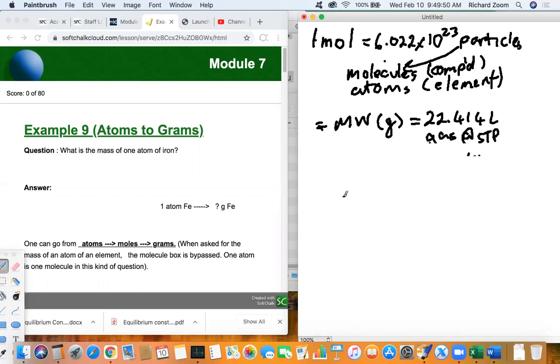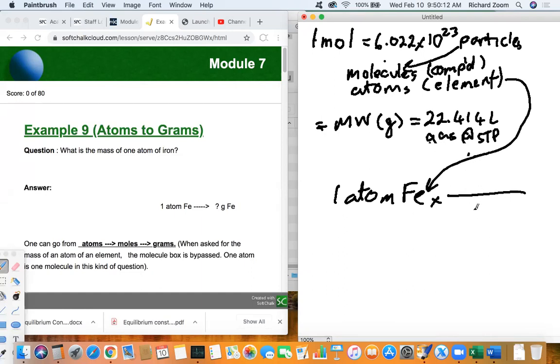So for this one, this is 1 atom of iron. That's pretty small, by the way, so you're expecting a small number as an answer. So we're talking about, if you remember, I said 6.022 times 10 to the 23 particles. Fe is an element. So atoms of Fe goes on the bottom here to cancel. And we're looking at grams. So grams of Fe goes on top. But we know that there's a relationship there.